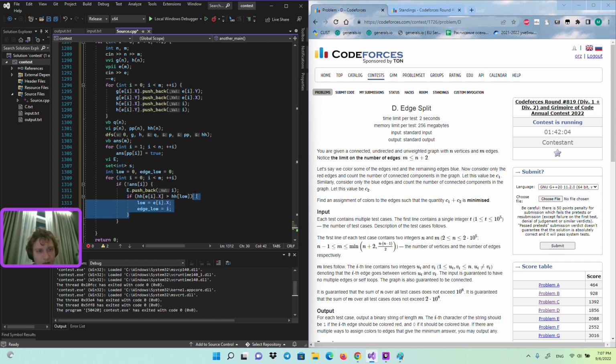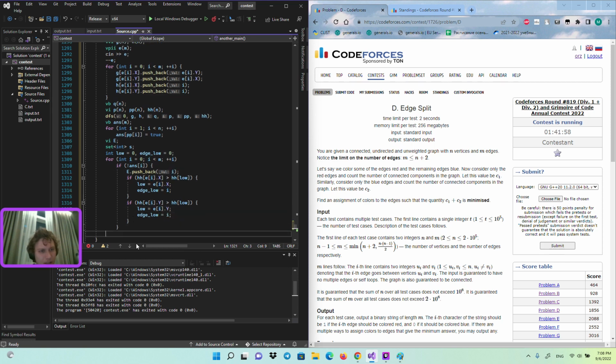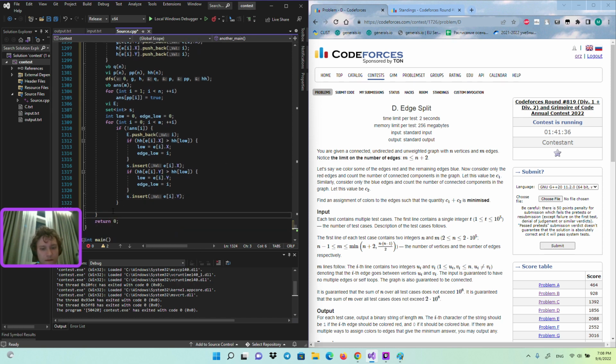And the same goes for the second endpoint. Great. And also we put them both into S.